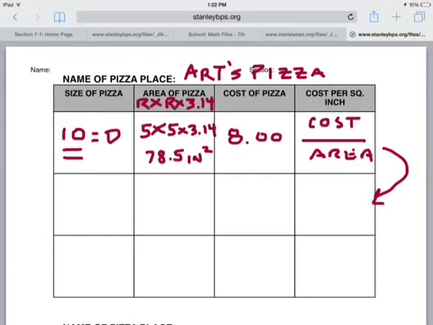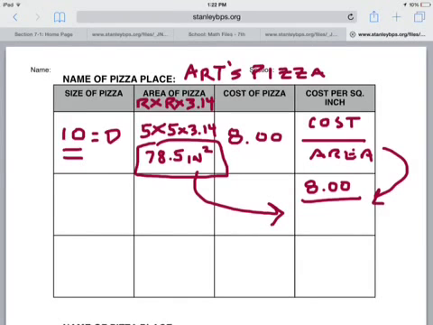The cost of the pizza, $8. And I'm going to divide that by the area, which is up here. I'm going to take this amount and divide the $8 by 78.5.